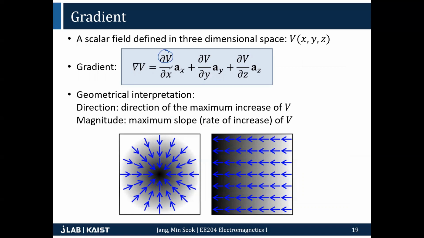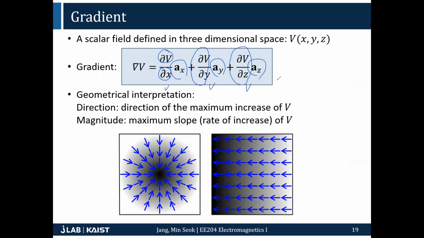You have a function differential and partial differential operator: partial derivative along x direction, partial derivative along y direction, and partial derivative along z direction, and each has a direction, the unit basis vectors, right?